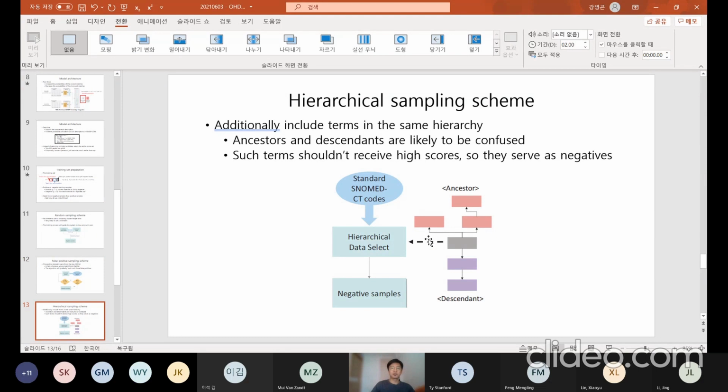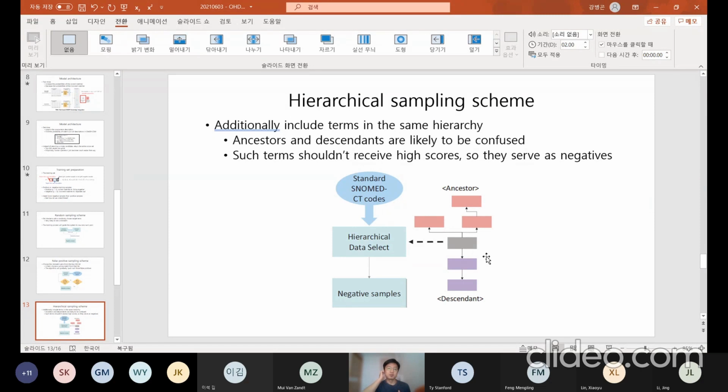Here the clinical terms are given in a hierarchical structure, where certain terms have higher location up in the hierarchy, meaning that they're more general, and some are more specific. It turns out that many of these terms that belong to the same hierarchy lineage tend to get confused a lot, and we don't want them to be included in the top result.